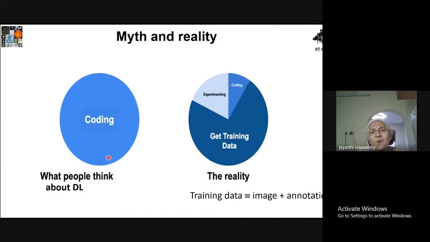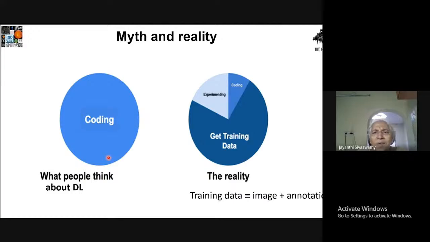Experience shows that you actually need to invest a lot of money, not on human resources, but in buying data, getting training data. Then the next big chunk of investment has to be in experimenting, and coding is actually much smaller than even experimenting.